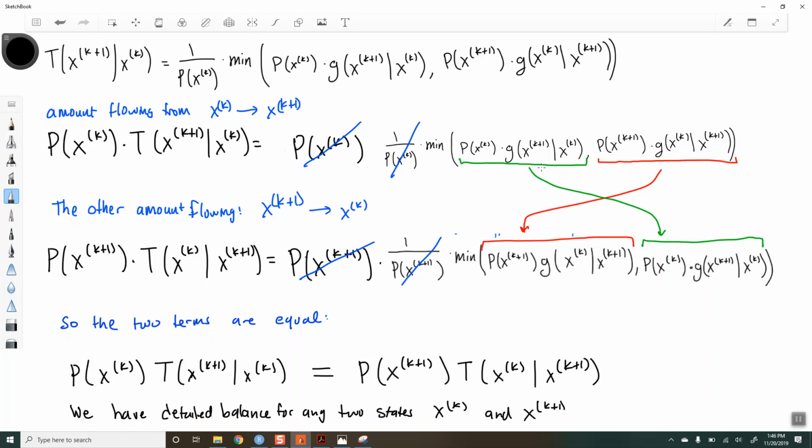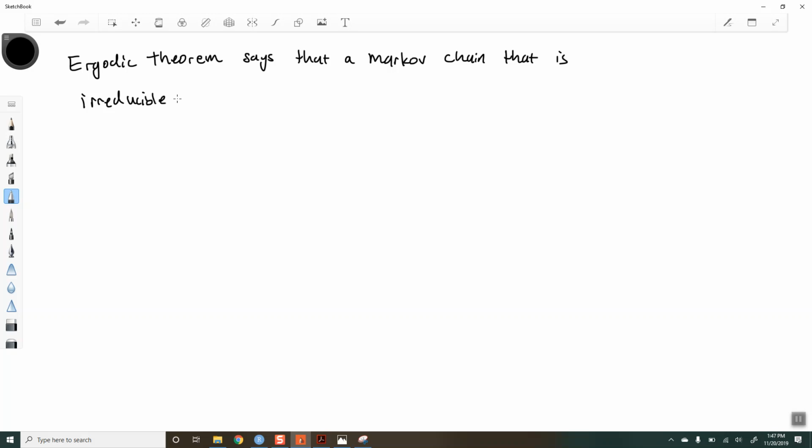So we have detailed balance here, and just to say that the Metropolis Hastings algorithm will work in the long run, if we go back to the ergodic theorem, it says that a Markov chain that is irreducible and aperiodic will eventually, and the keyword is eventually, converge to its stationary distribution.